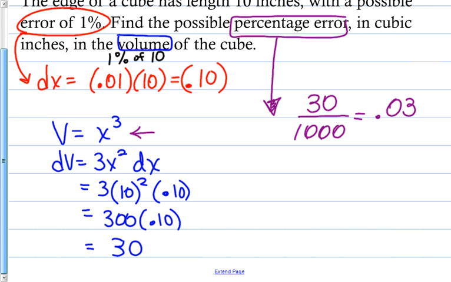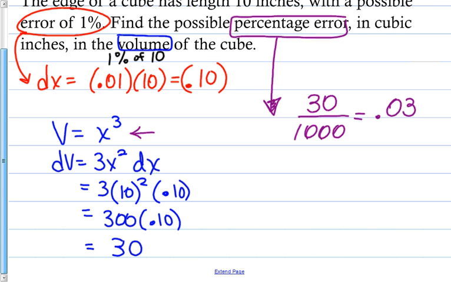Now, this is similar to example 6. In example 6, I didn't specify percentage. So that's why I told you what happens if they ask for percentage. Here, I'm specifying percentage.